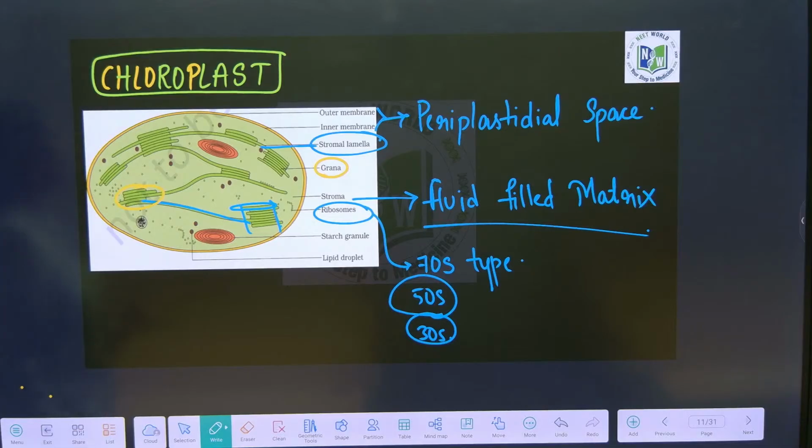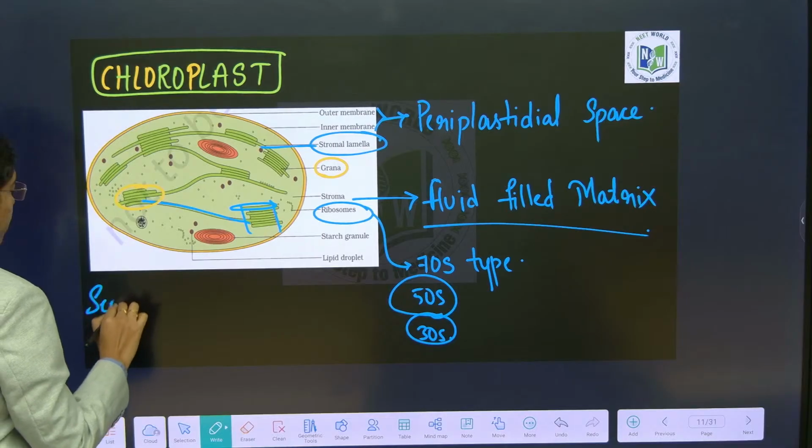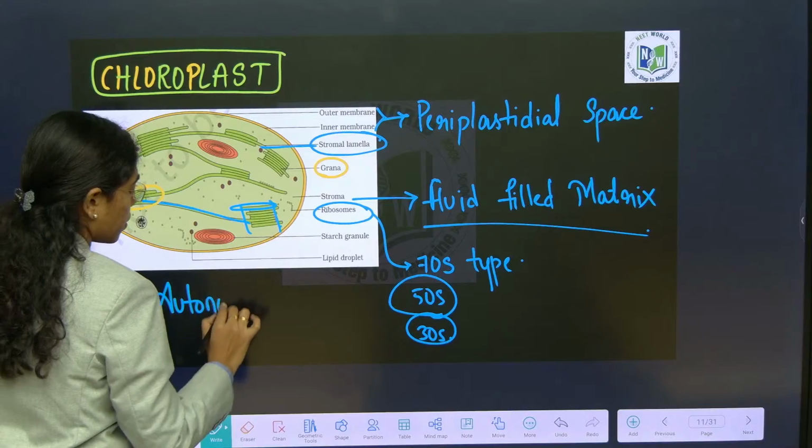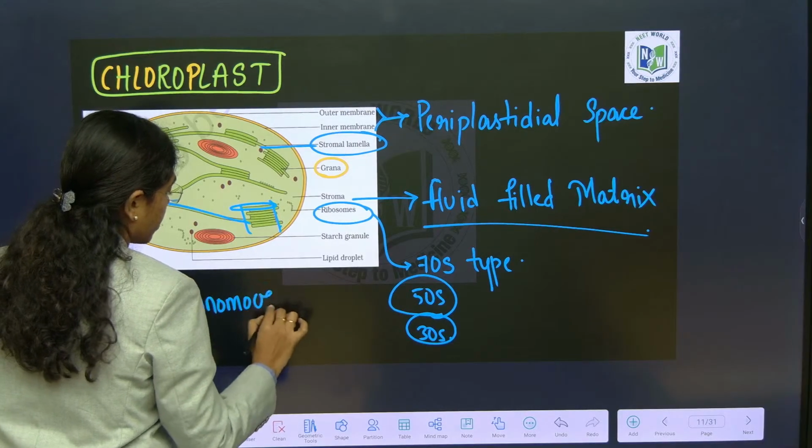And chloroplast is also addressed as a semi-autonomous cell organelle.